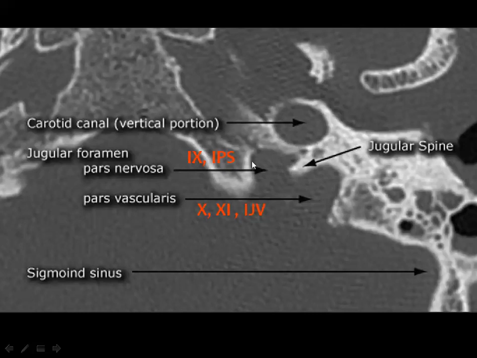This is the pars nervosa, which transmits the cranial nerve number 9 and the inferior petrosal sinus, while the pars vasculosa transmits the cranial nerves number 10 and 11, as well as the internal jugular vein.